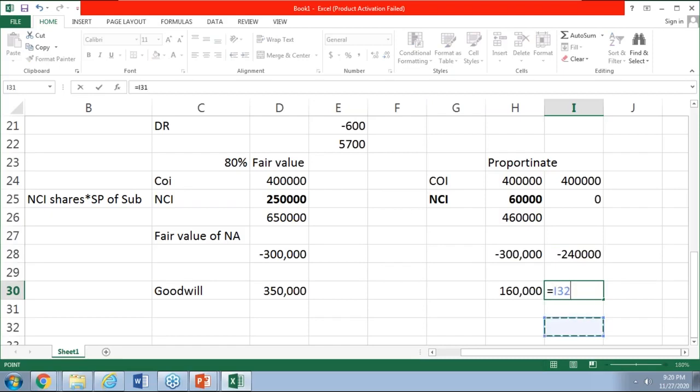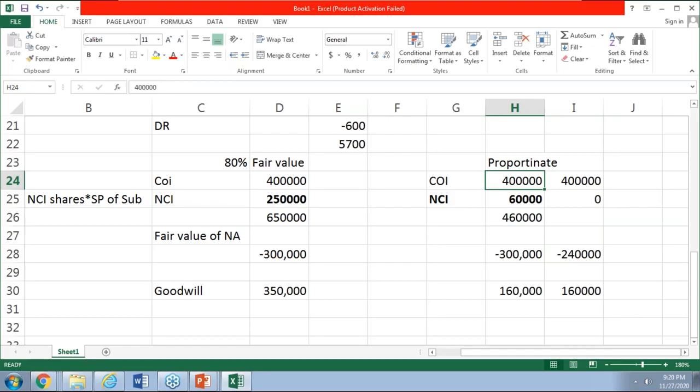So in both situations you will get the same answer. I think handling the situation this way is simpler to understand. If you are taking 80% of the cost of investment, then you can take 80% of the fair value of net assets, and you've got the goodwill. These both are the ways to solve proportionate share.